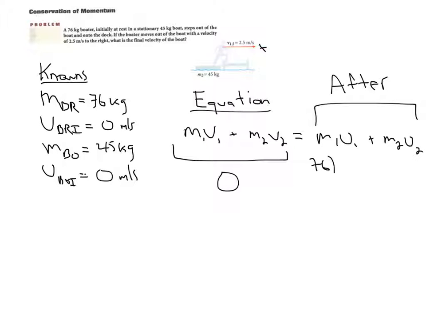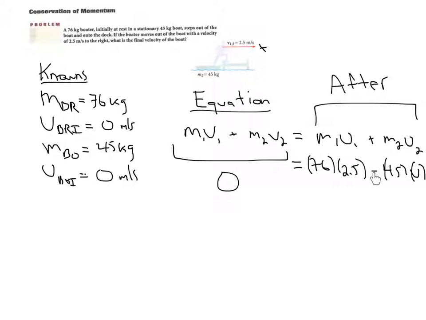So we've got 76 times 2.5. Since we've defined to the right as positive, the boat's going to move to the left, so this is going to be a minus: minus the mass of the boat times the velocity of the boat, which is our unknown. All of this equals 0.